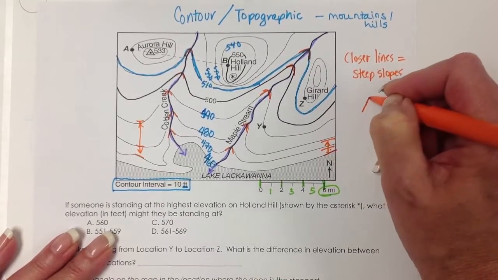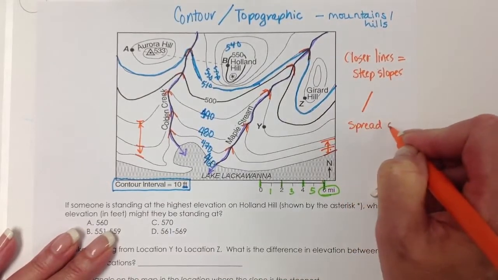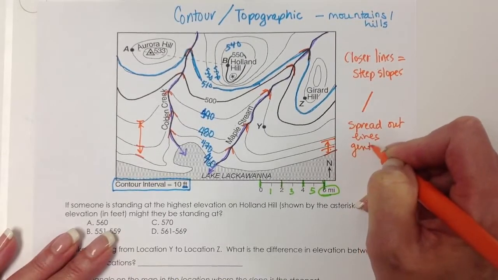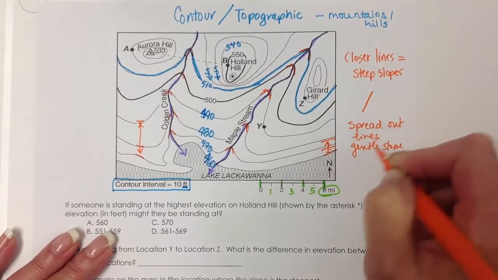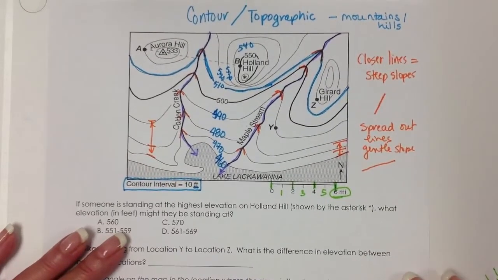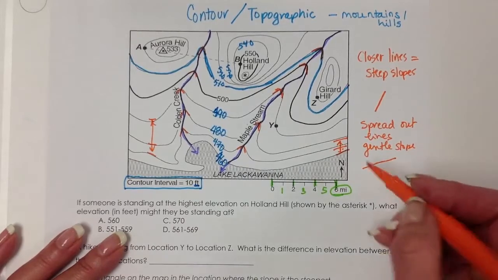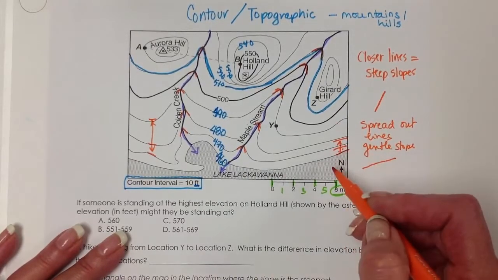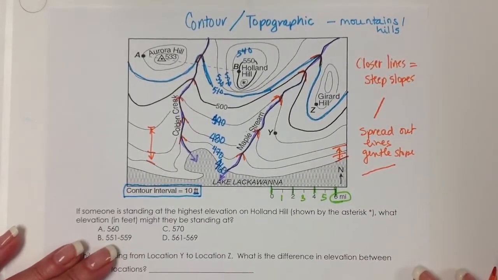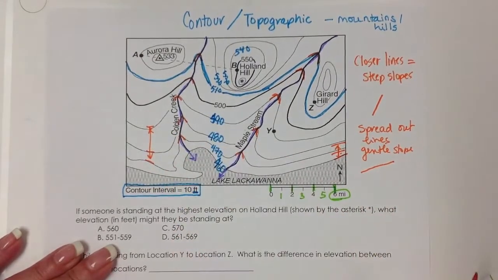For example, it's going up like that maybe, and spread out lines, gentle slopes. So it might just be going up like that, up the hill. Now, with that being said, the steeper the slopes are indicated by closer lines, the further the lines are apart, the gentler the slope is. So if you're ever asked which one you would prefer to walk and it's saying you're not rock climbing, you might want to pick the one where the lines are spread further apart.